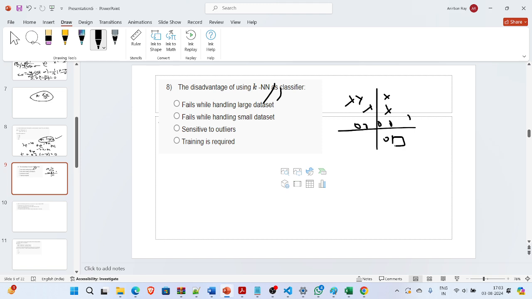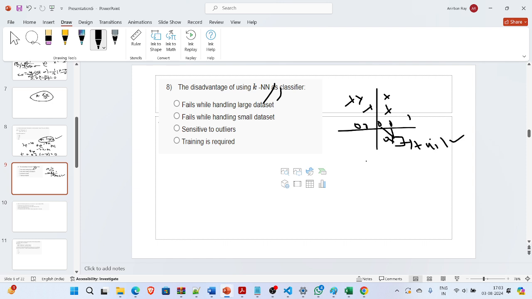K is a parameter here. Suppose we take the 3 nearest, then k is 3. So we take distance from 3 points. As you can see, the distance from these 3 points is the minimum, so we tell this sample is a tail, not head.